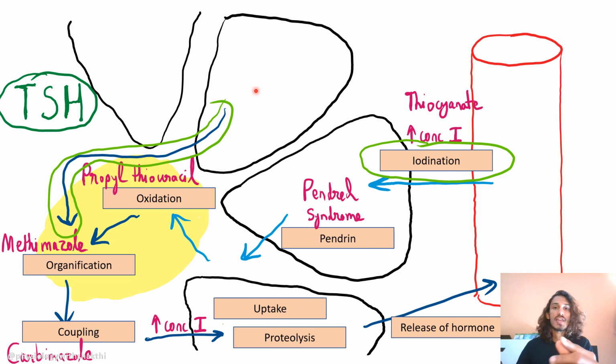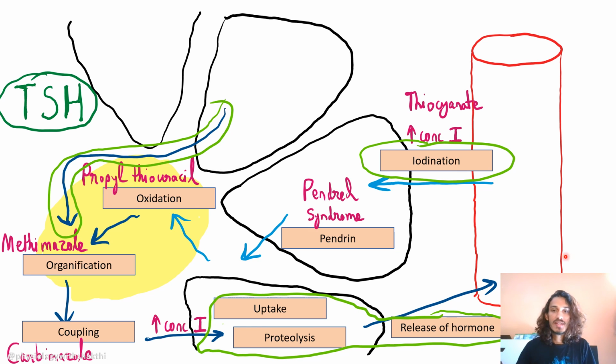Also, thyroglobulin synthesis and release is increased by TSH. And your whole step of uptake, proteolysis, release is also improved by TSH. So almost every step is affected by TSH. More importantly, it's your iodide trapping, the release of thyroglobulin, your uptake, proteolysis, along with the release of hormone.